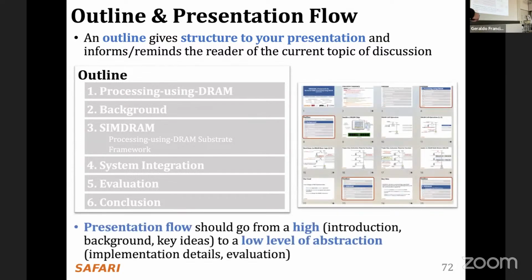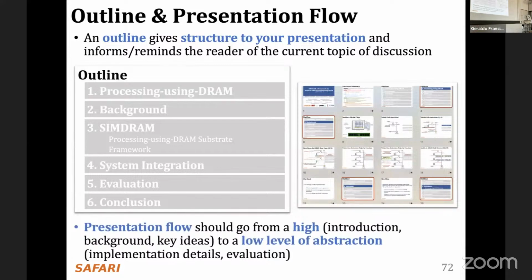Because if you segment the outline and repeat it several times, you are informing the audience that now I'm going to talk about background, now my idea, now evaluation. It also gives you a mental guide to know where you are in your presentation. So it is really helpful to manage time, for example.